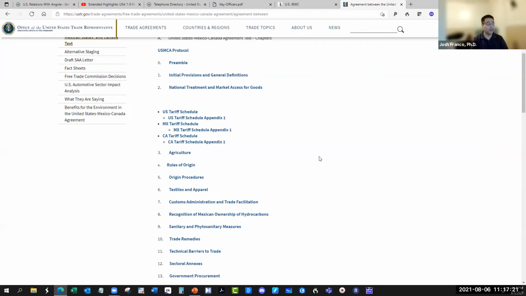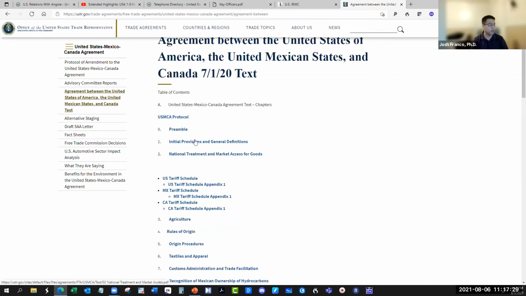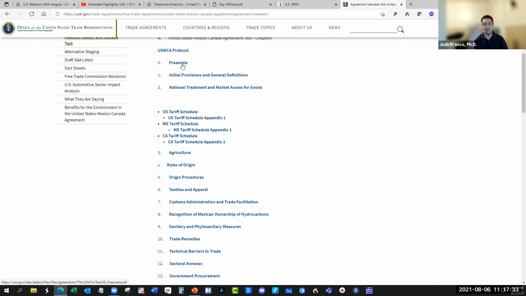Now, obviously, there's some complexity to all this, and there's people who basically spend their entire careers focused on these different aspects of trade, but you'd be surprised just how complex these relationships are. So for example, you'll see here the table of contents of the USMCA protocol, things like the preamble, which gives what our goals are with this agreement, and initial provisions and general definitions.